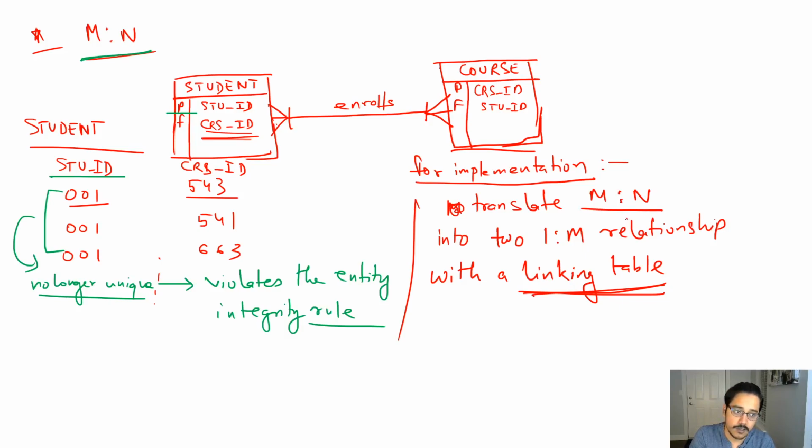So now if we want to implement this, we have to create another table. Therefore, the relationship of student and course will now be broken down into something along these lines. So we will again have student. You have the option to express this in your graphical design or not.